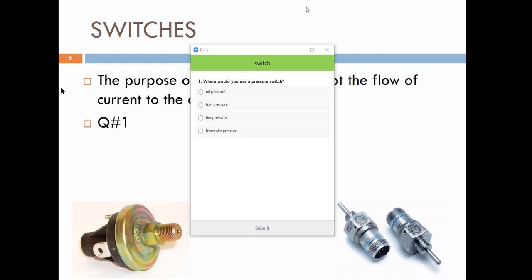Start it off. Looks like everyone's about equal.